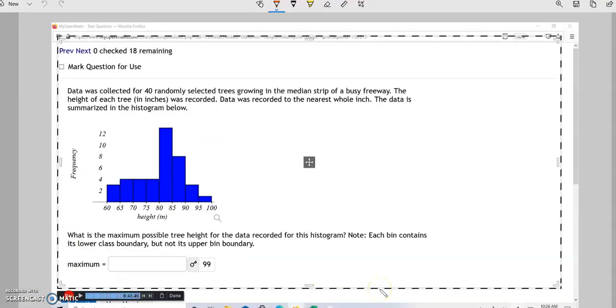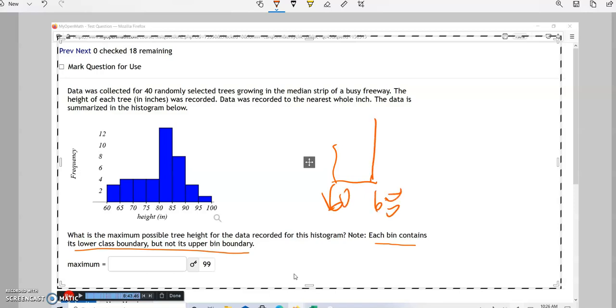Okay, this one is going to take a minute to explain. The important part to read here is each bin contains its lower class boundary, but not its upper bin boundary, okay? So what that means is, say this is 60 and 65. Let's just do the first one.